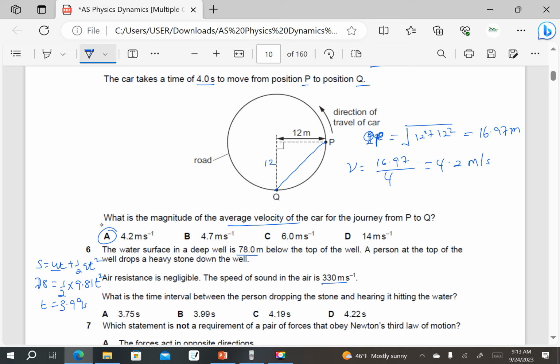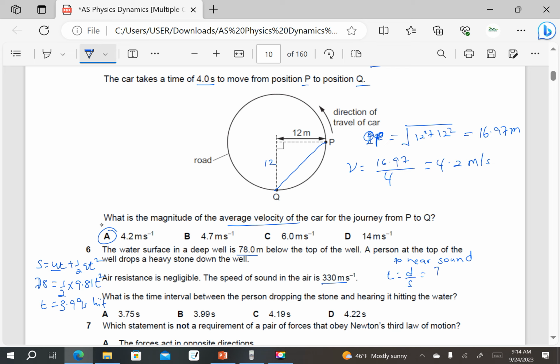So it means to hear the sound, of course, the sound must return back. So for sound, let's find the time it takes to reach the person. The time taken for the sound to reach the person is going to travel the same distance over the speed.